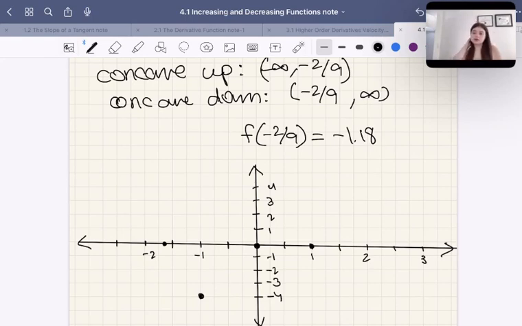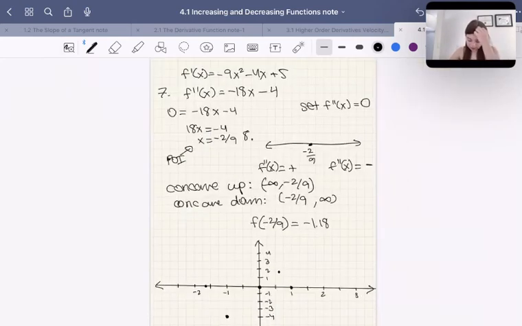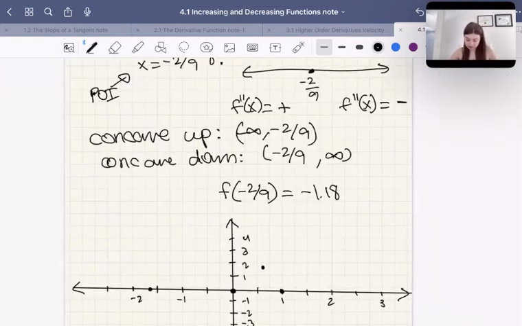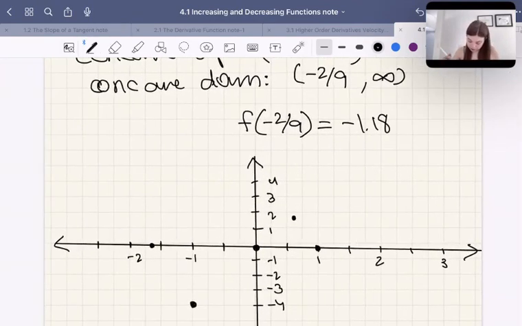And then also we had one at 0.55, so a little bit past the half mark, and 1.65. So around there is where we have our maximum approximately. And then what else do we have? We have the increasing and decreasing interval. So this states that we're decreasing all the time except from negative 1 to 5 over 9.